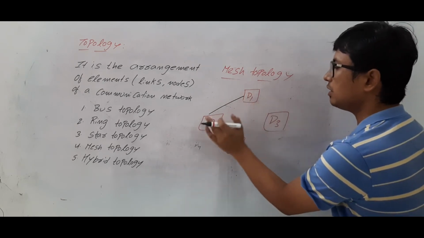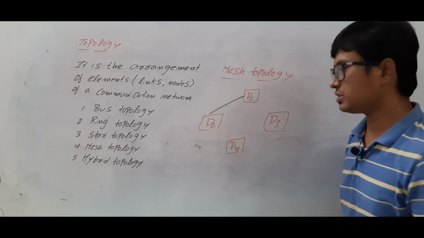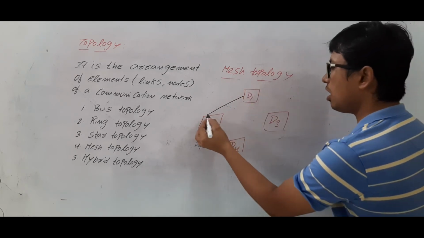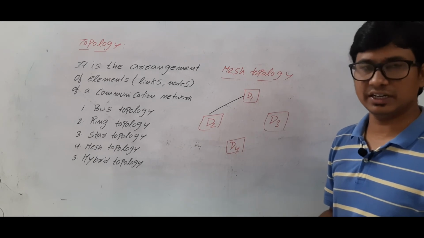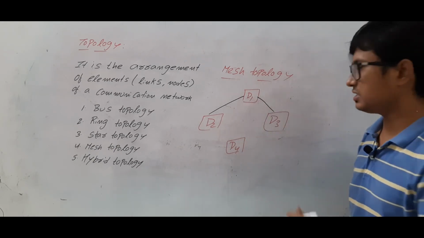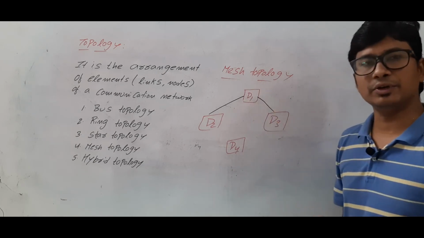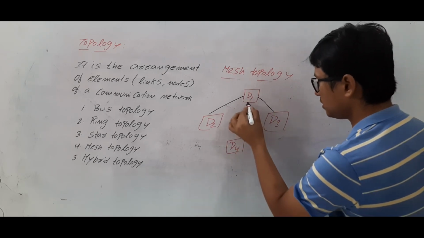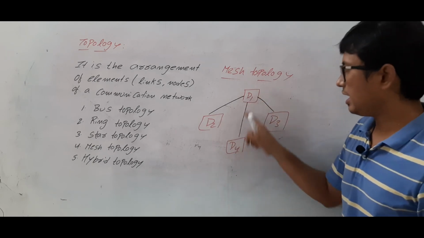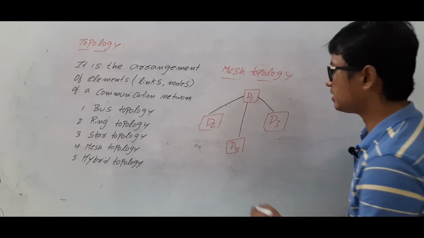Device 1 can transfer the data to device 2. Similarly, device 2 can transfer the data to device 1. Or I can say that it is a bidirectional link or half duplex. Similarly, device 1 can communicate with device 3, and also device 3 can communicate with device 1. Device 1 can communicate with device 4, and device 4 can also communicate with device 1.